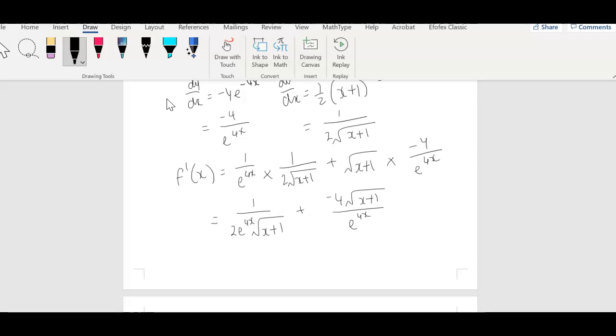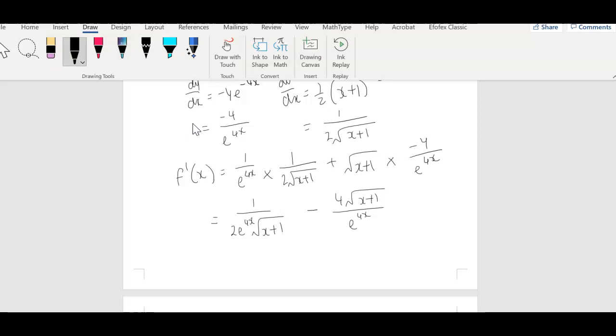Now what could happen here, you can have everything over the same denominator, but what I've got here is fine. The only thing I probably would do is get rid of that plus and make that a negative there.